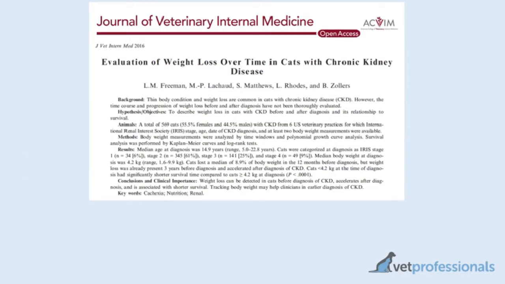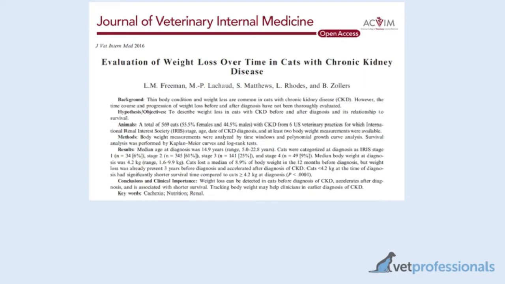This is a screenshot from a paper which was published a few years ago now, and was, I thought, a really brilliant paper in a number of ways. It reports some data from a total of 569 cats that were diagnosed with chronic kidney disease. And there were a number of really key findings which I found exciting.